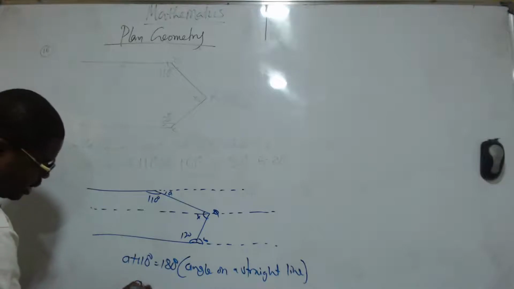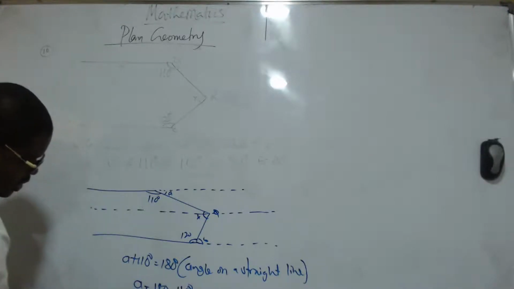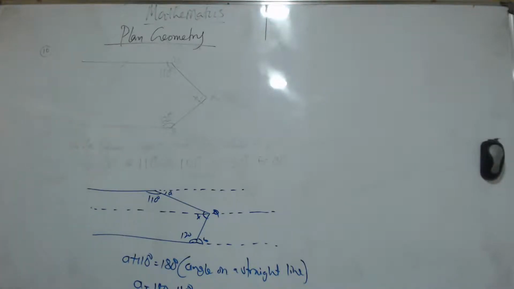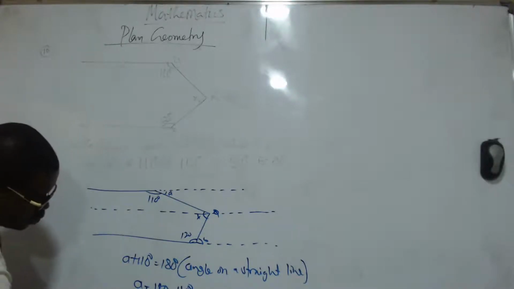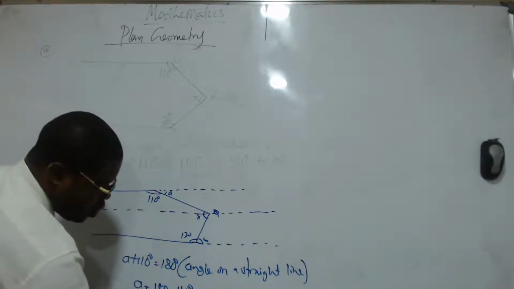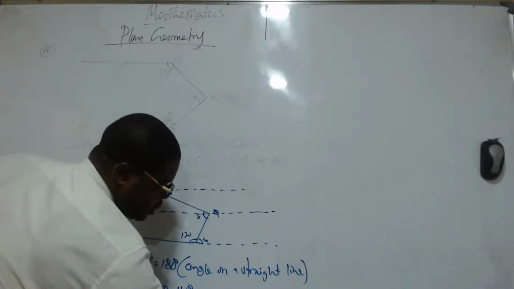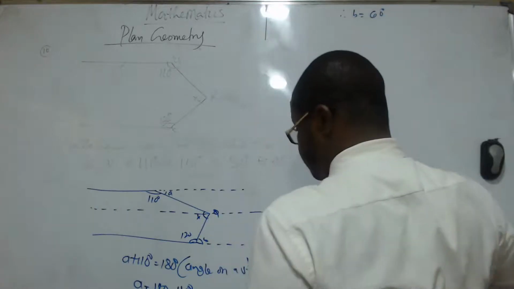A equals 180 minus 110. Therefore, our A equals 70 degrees. Then B plus 120 equals 180, angle on a straight line, so B is 60 degrees.